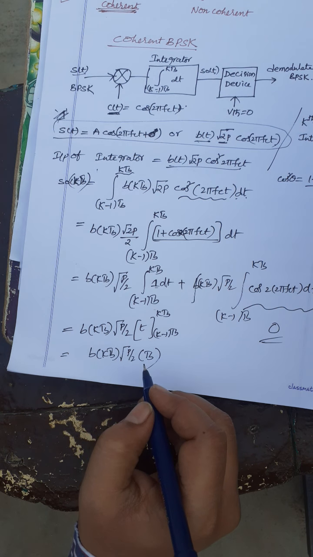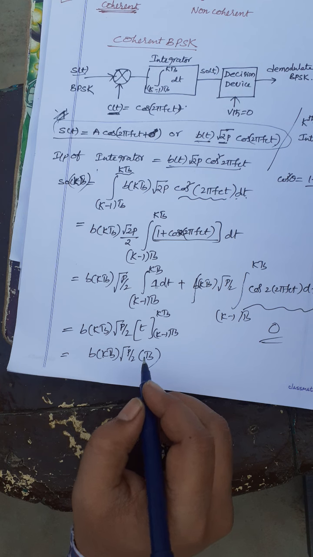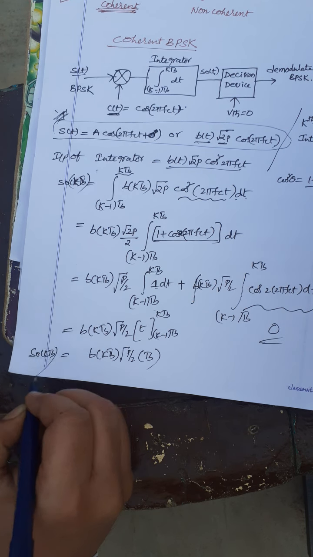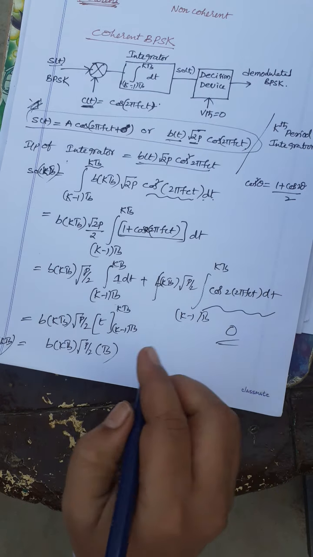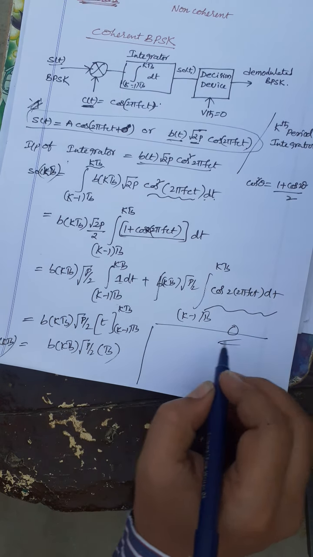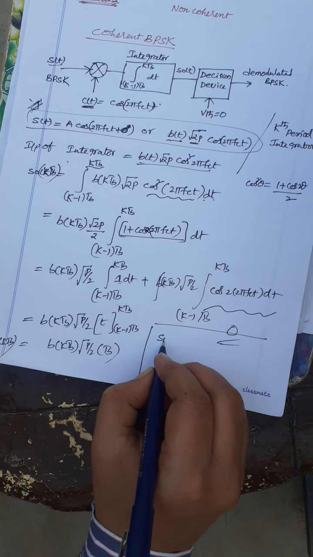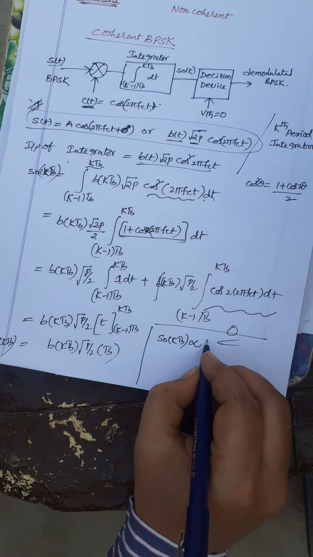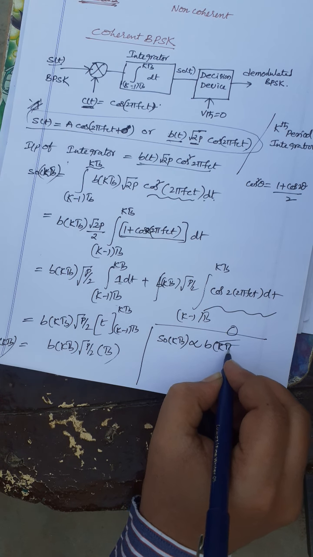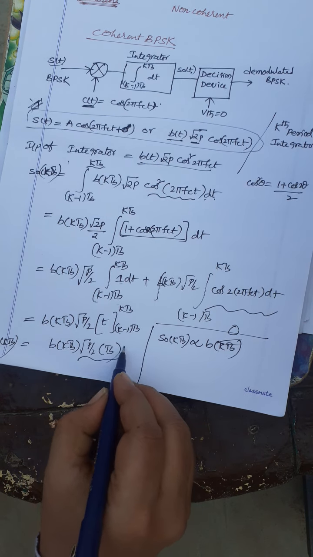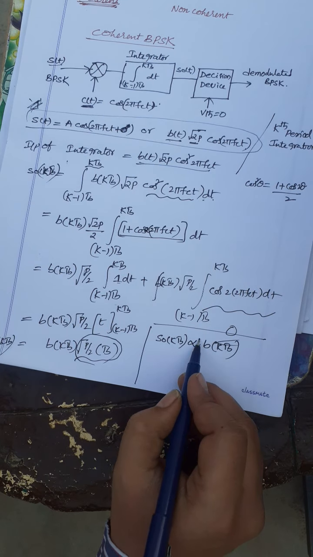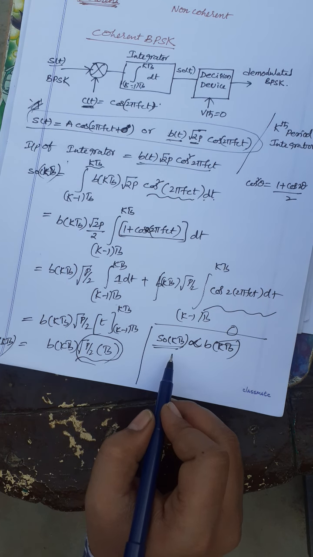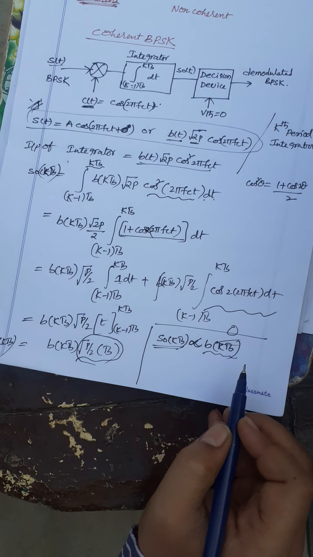So this is S naught of KTB. The output of the integrator, S naught of KTB, is proportional to B of KTB, where root p by 2 times TB is the proportional constant. So the output of the integrator is proportional to the input data signal.